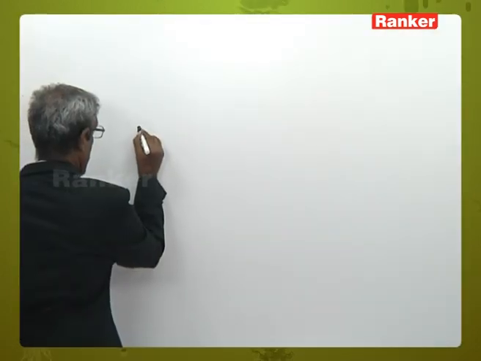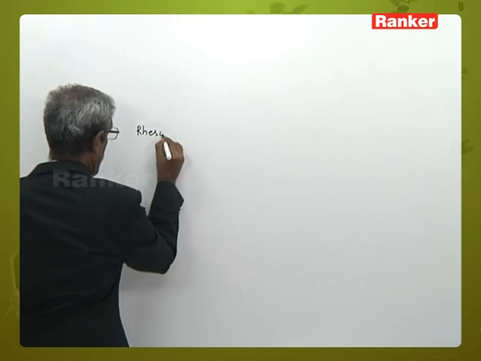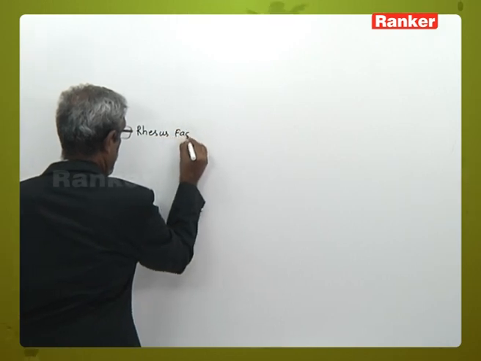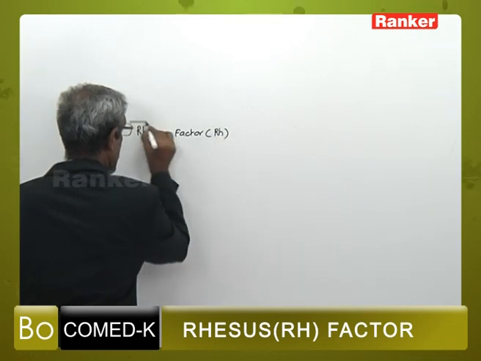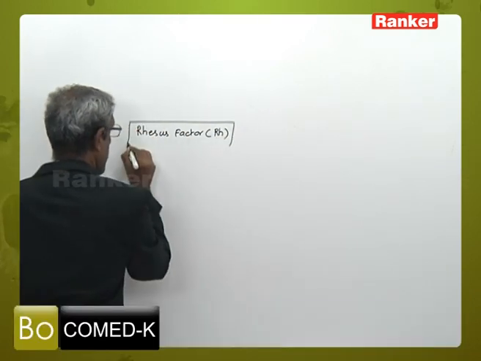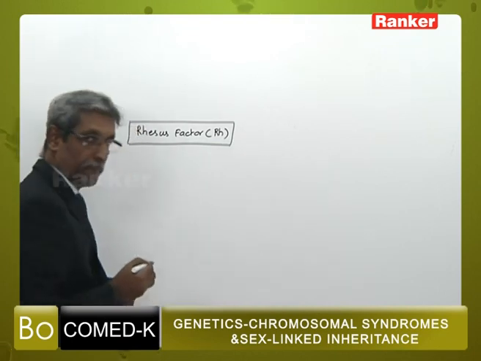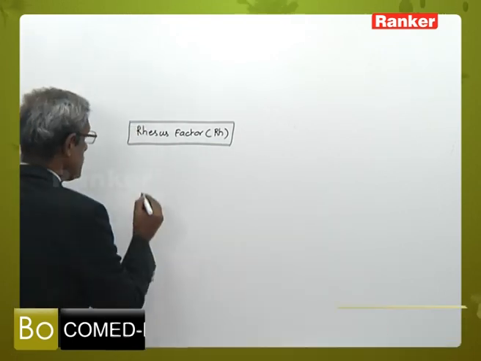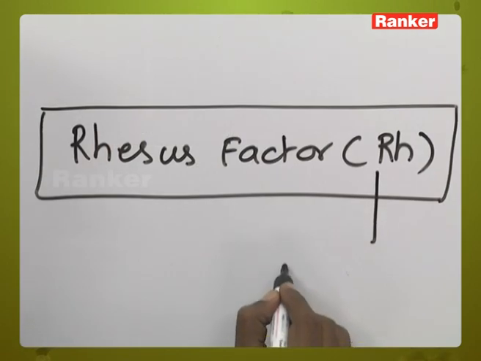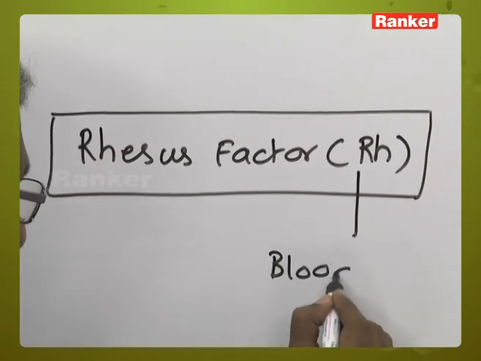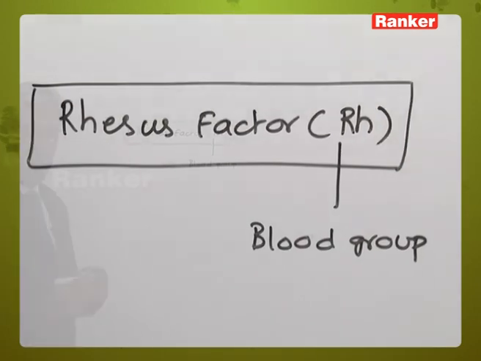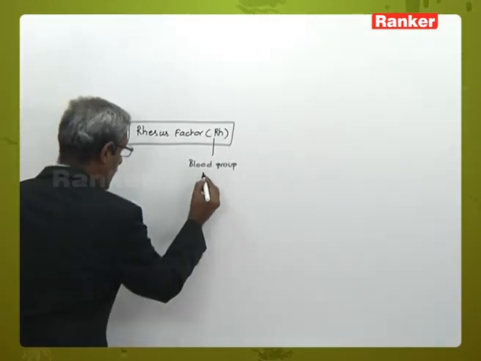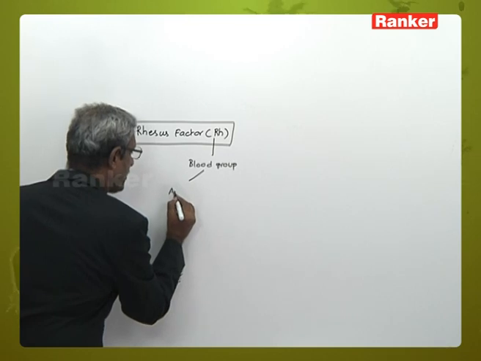Next, the inheritance we are trying to study is related to the rhesus factor. Rhesus is a blood group and it forms a very important component of an antigenic system.